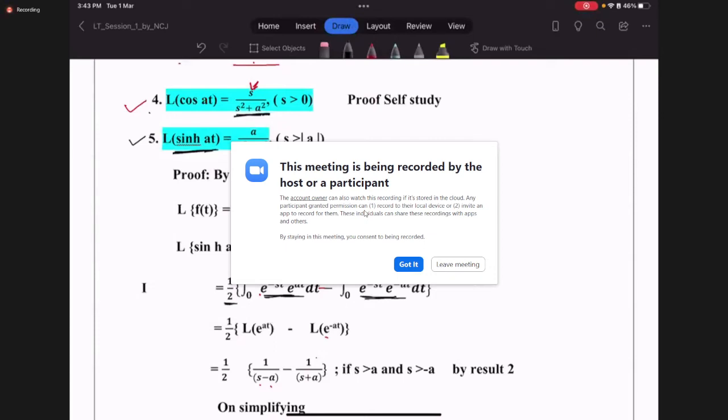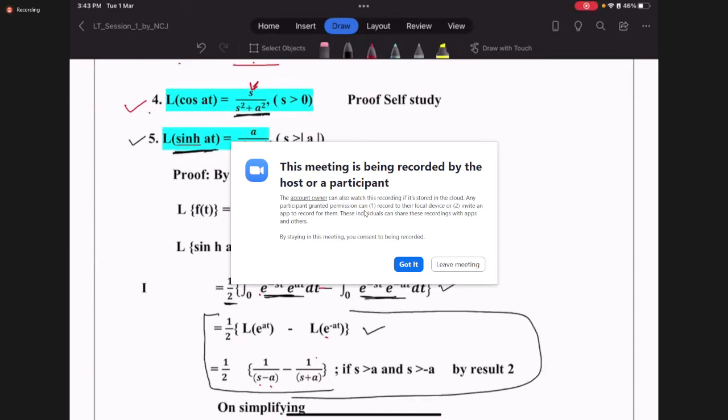Fine? Did you understand this step? Yes, ma'am.